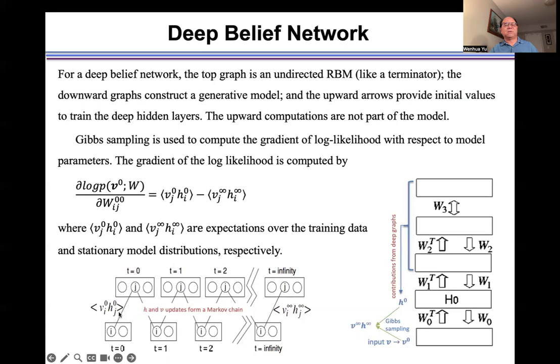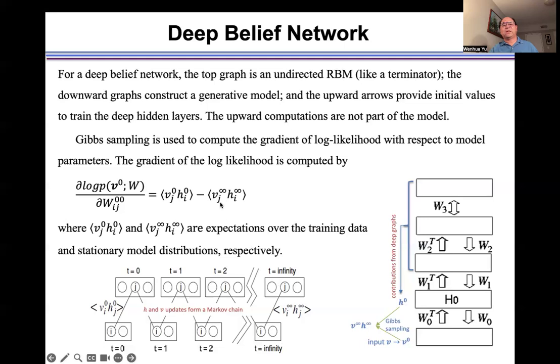At time t equals 0, we update the value H0 in the first hidden layer. And then we calculate the expectation over the data distribution. And then at t equals 1, we update H and V, we run a Markov chain until we reach the stationary distribution. And then we calculate the expectation over the model distribution.